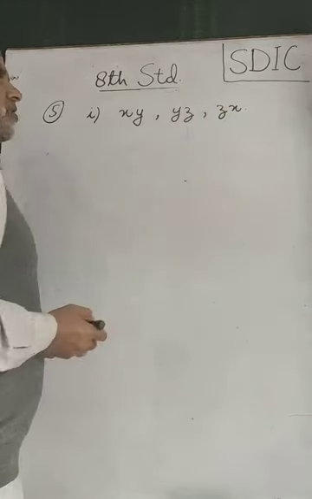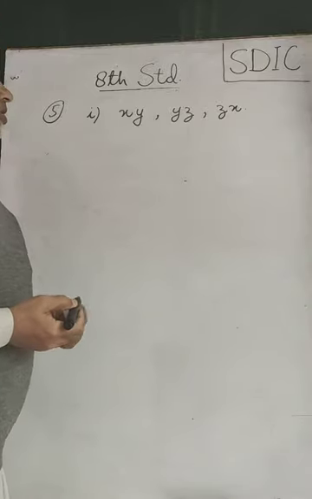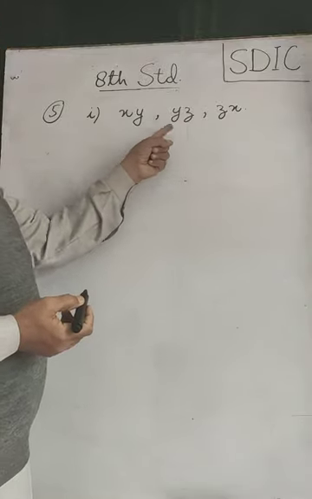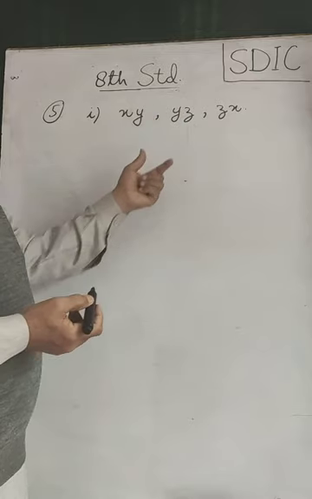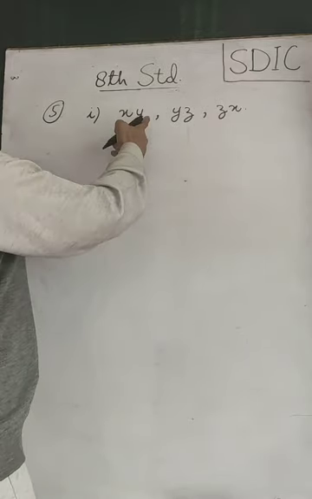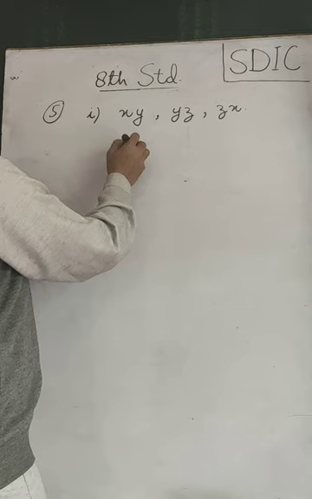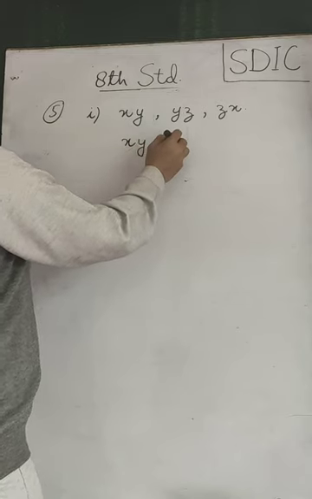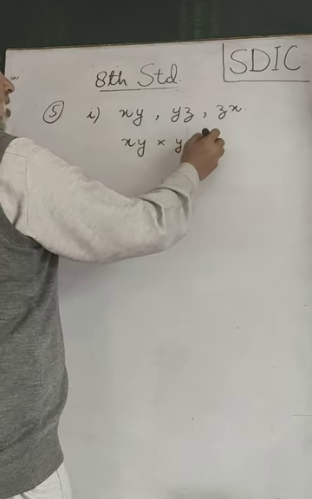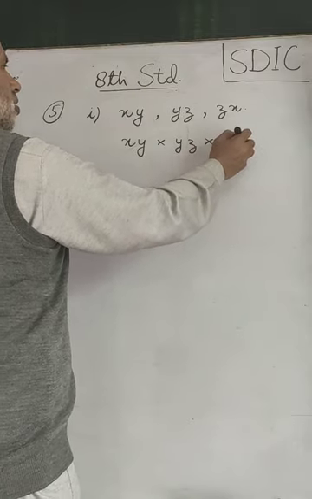We have to multiply these. Commas are written between the monomials here. So in the first step, what shall we do to begin with? We'll replace comma by multiplication sign. It is xy multiplied by yz multiplied by zx. This is our question.